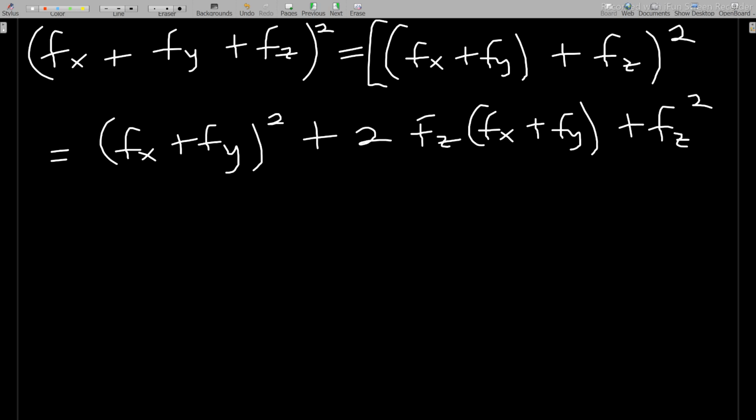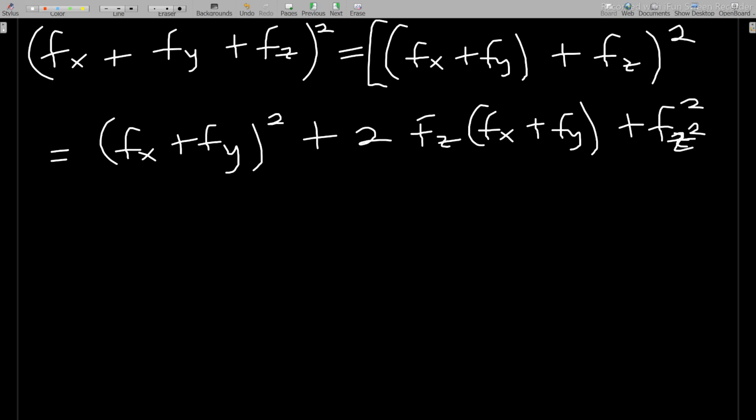When you have only one of them like this with no bracket on it, it means the second derivative with respect to z. This is what this squared means: del squared f over del z squared. That is why I've written the z squared there as well. It means fz times itself, so we have fz squared.